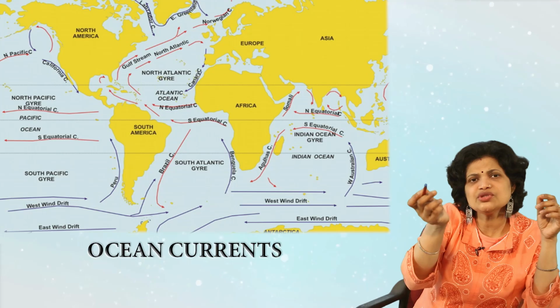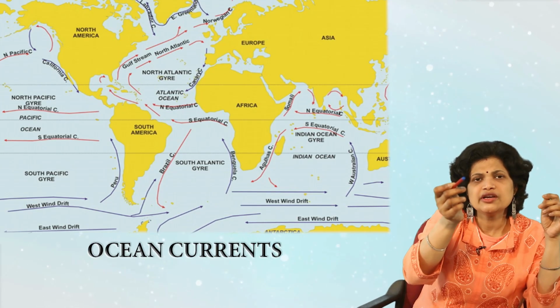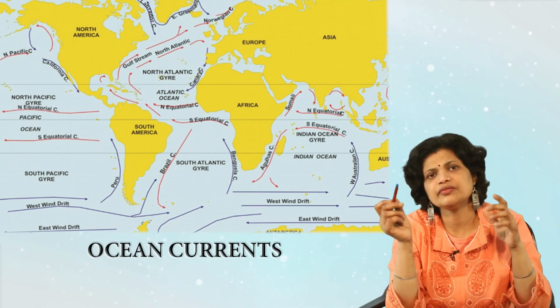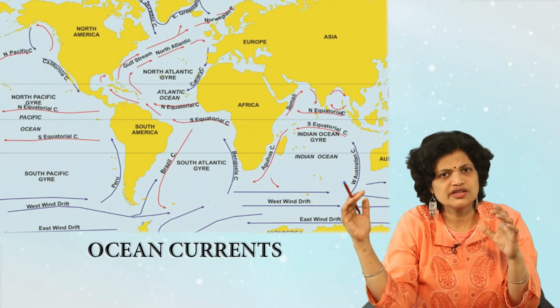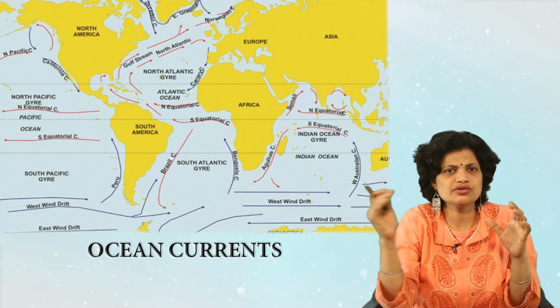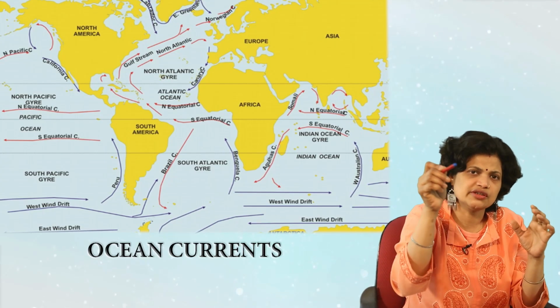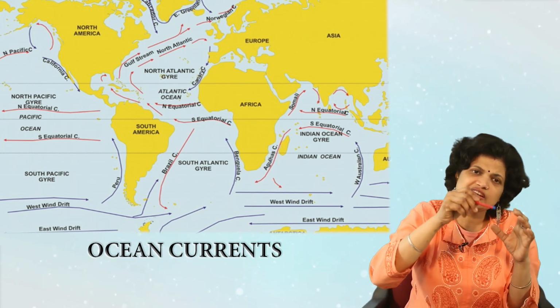And similarly, you see another gyre forms along the South Atlantic Ocean, where the south equatorial warm current flows from the eastern part of the ocean to the western part. Once it reaches the Brazilian coast, it comes down and follows the coastline of Brazil as Brazilian warm current.